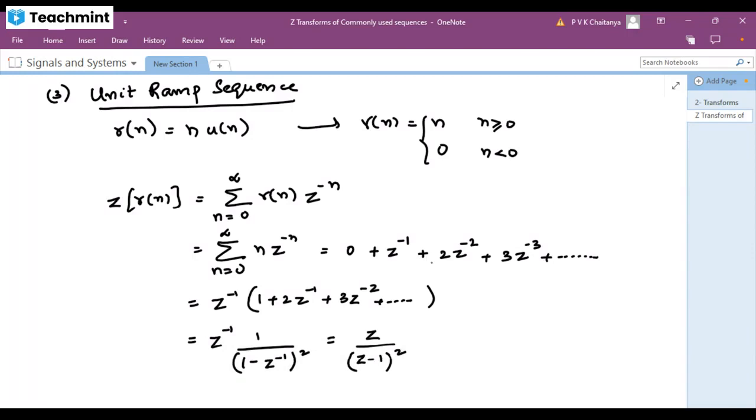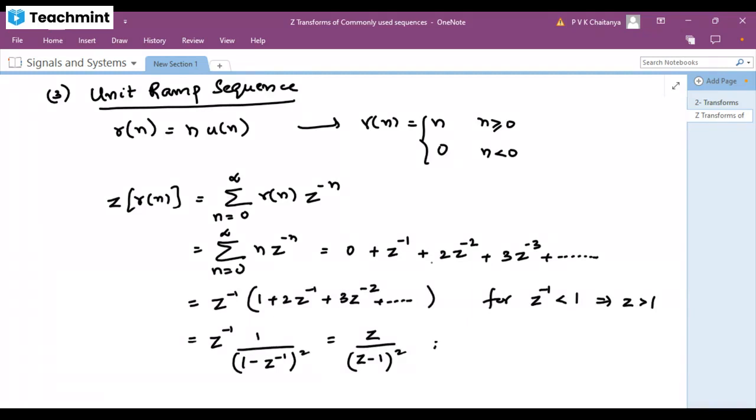If I substitute Z inverse equal to 1 by Z, you can write it as Z by Z minus 1 whole square. For this also, the condition is Z power minus 1 should be less than 1, which implies Z should be greater than 1.